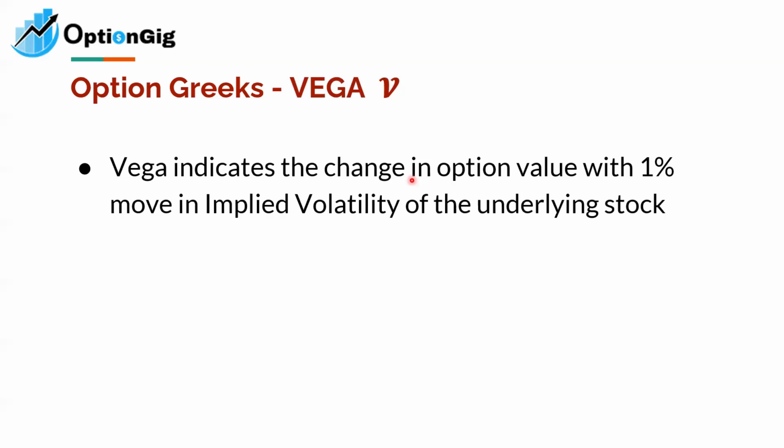Because we're talking about Greeks, there's a Greek to understand the impact of volatility. That's called Vega. If the implied volatility changes by 1%, Vega will tell you how much your option will change, assuming everything else is the same.